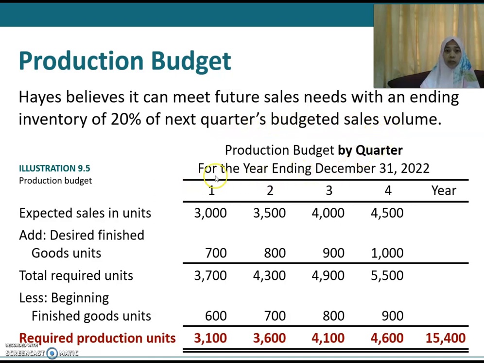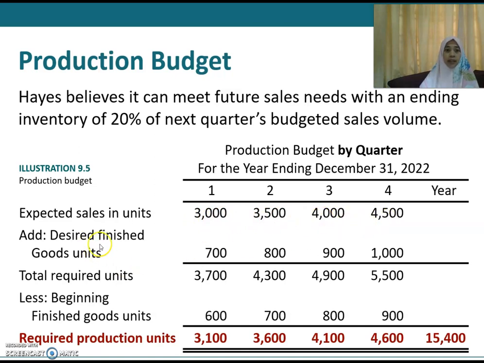So this one, 20% of next quarter's budgeted sales volume. You are preparing for the year ended 31st December 2022, so that will be quarter 1, 2, 3, and 4. We already calculated previously in our sales budget the expected sales in units: 3,000, 3,005, 4,000, and 4,005.